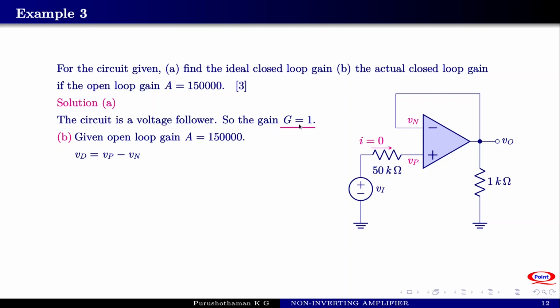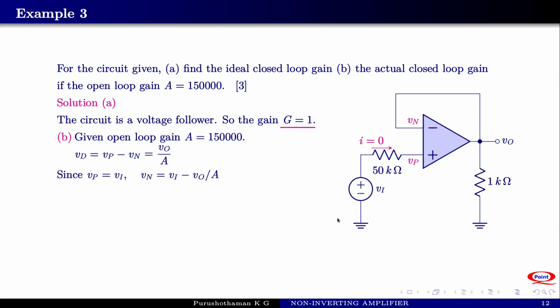Now in the second case, the open loop gain is given to be 150,000. We will apply the condition Vd equal to Vp minus Vn, and Vp is equal to Vi. This is equal to Vo divided by A. A is 150,000.